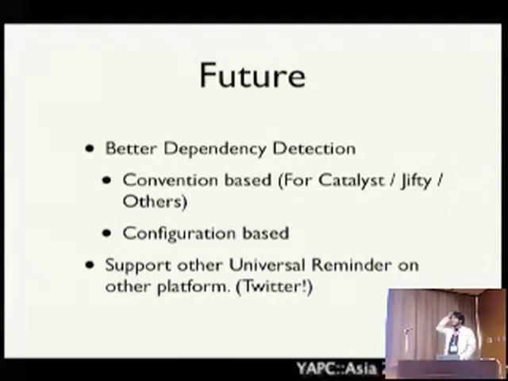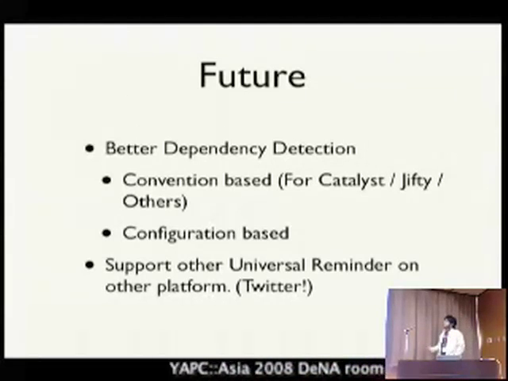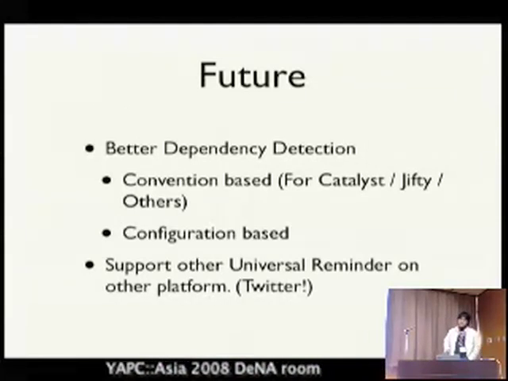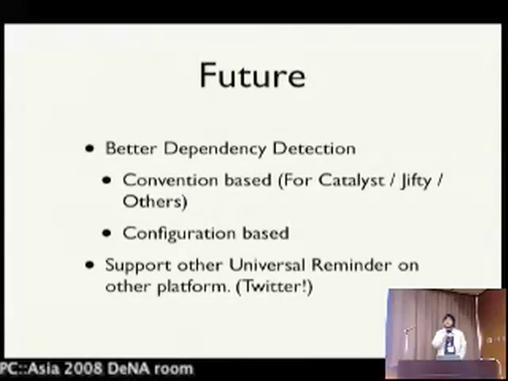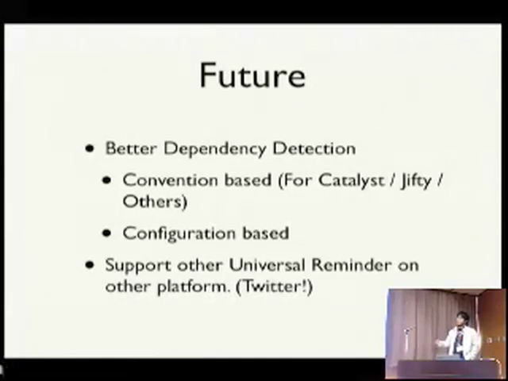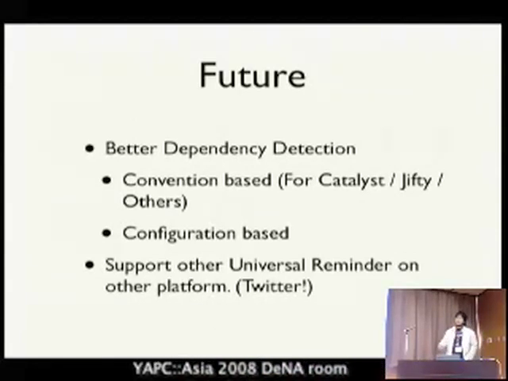Projects generated by Catalyst or Gypsy have a naming convention that maps module code or controller code to test files, so I can just always run those controller tests or model tests. The second is configuration based, which means I need some configuration that lets developers list their dependencies somewhere in some way.